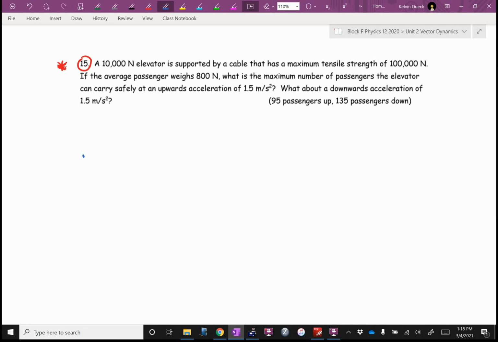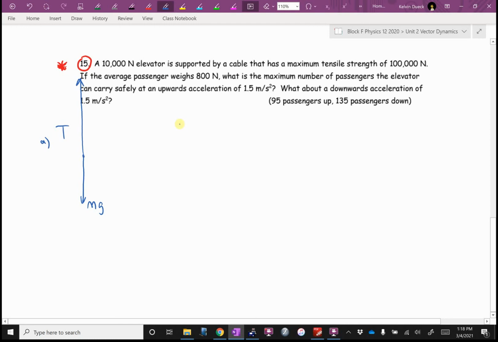Then I'll convert the kilograms into newtons, times by 9.8. I'll subtract the elevator, and whatever newtons are left, that's the passengers. In other words, what are the forces acting on it? I'm going to have mg, this m is of everybody, elevator and people, and tension up. And that's for the first part, part A, on the way up.